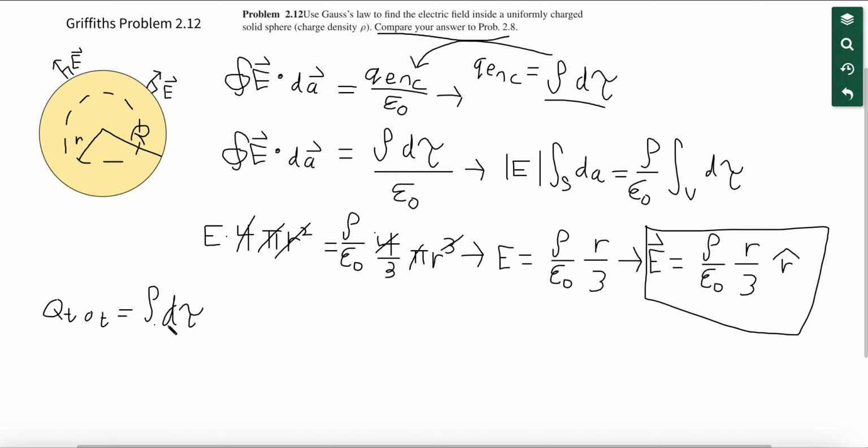Now, the difference between this volume element and the other volume element is that when we were trying to find the charge enclosed inside of our Gaussian surface, right? This time, we're finding the charge enclosed in all of the solid sphere.